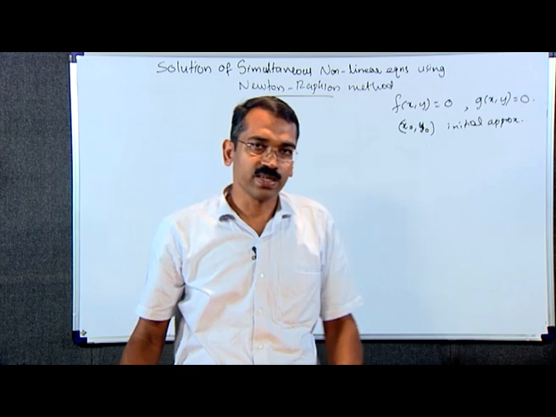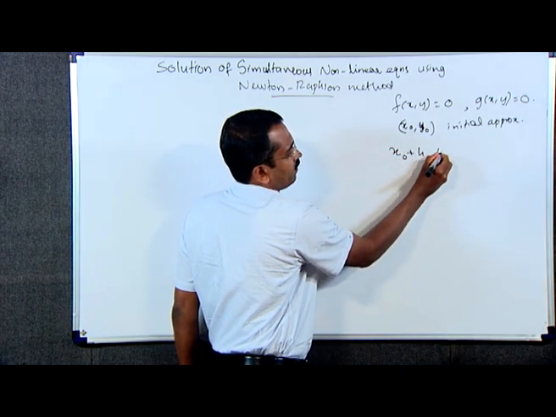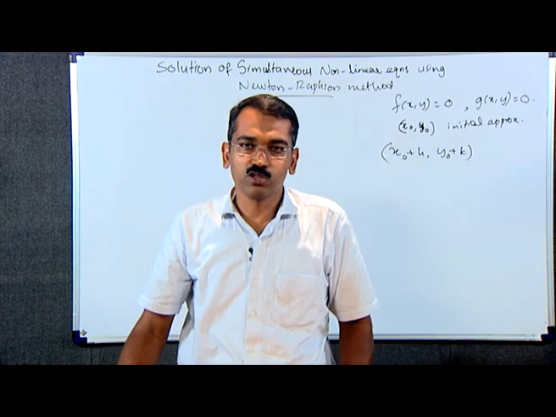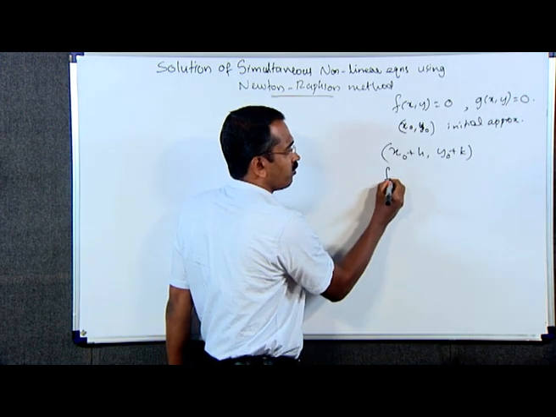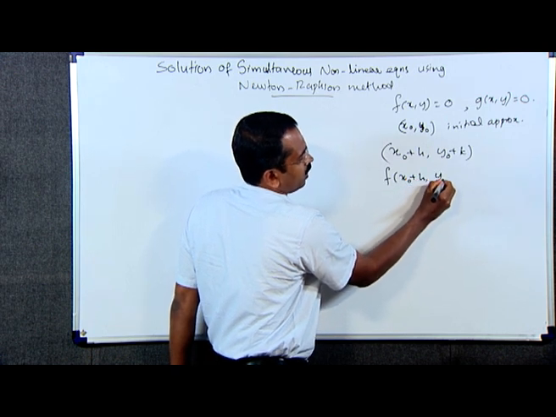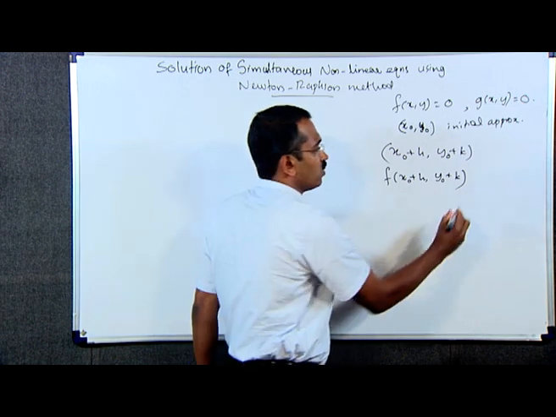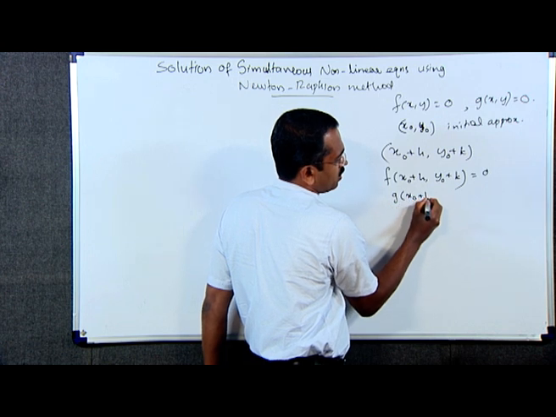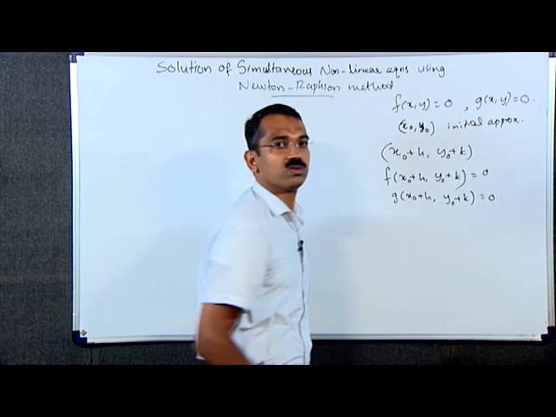Let (x0 + h, y0 + k) be the actual solution. Then we can write f(x0 + h, y0 + k) = 0 and g(x0 + h, y0 + k) = 0.